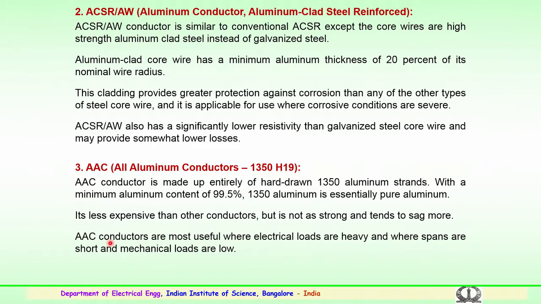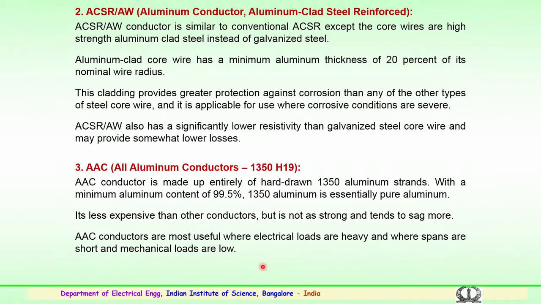So, this is less expensive than other types of conductors, but is not as strong, as you see the steel reinforcement is not available. So, mechanically the conductor tends to sag more in comparison to the ACSR or ACSR/AW types of conductors.